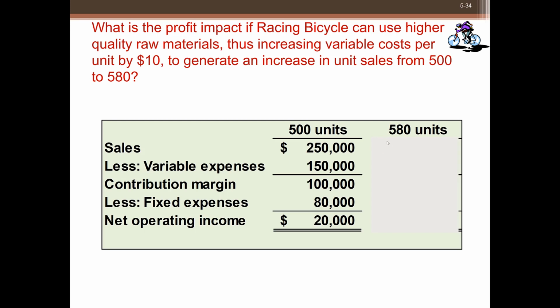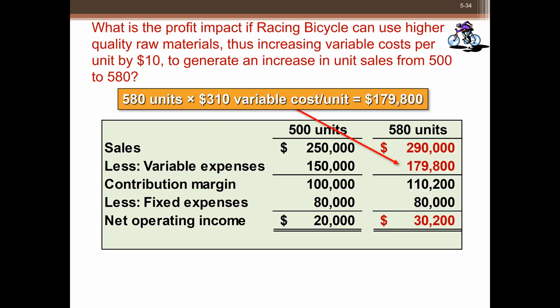Here, in the increase column, 580 units. So we can calculate total sales. We use 500 selling price per unit multiplied by 580 units. You can get total sales of 290,000. For total variable expenses, recall that the original variable expense per unit is $300.